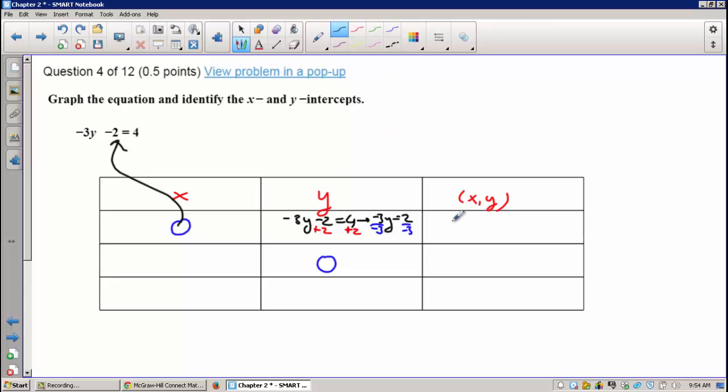I will enter the right answer here. What's the y value you get? Negative 2/3, right? Wouldn't that be 6? Yes, it is. That's 6/3 now. That would be negative 2.